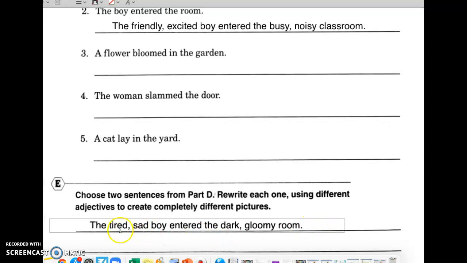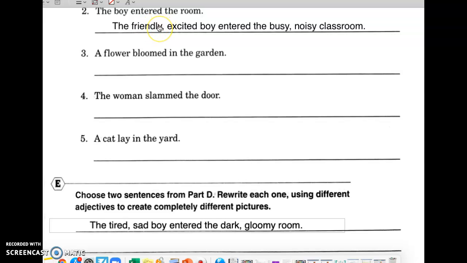Notice how these adjectives help paint a completely different picture than these adjectives do. Okay? These adjectives make me feel sad, lonely, gloomy. Okay? They have a really dark image in my mind.